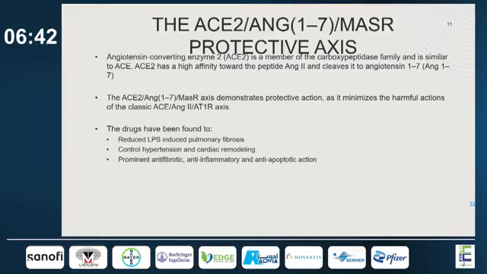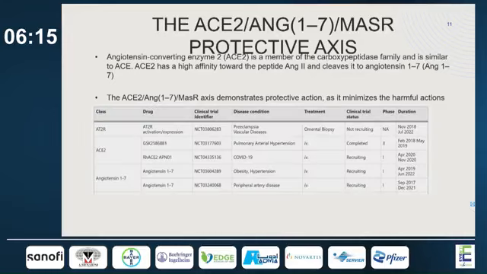Angiotensin 1 to 7 activates a receptor, the so-called MAS receptor, and this is a guanylate cyclase receptor pathway. And it has been found to reduce pulmonary fibrosis and control hypertension and cardiac remodeling, and has prominent antifibrotic, anti-inflammatory, and anti-apoptotic actions.